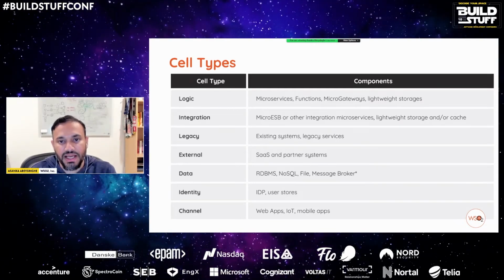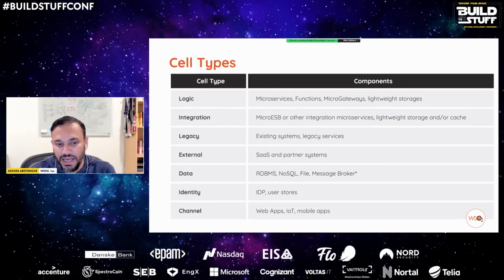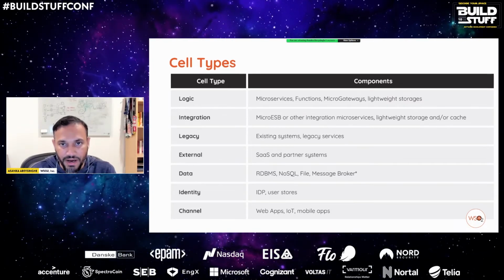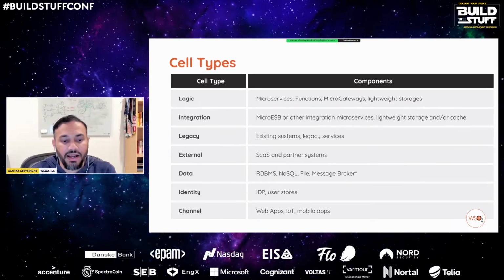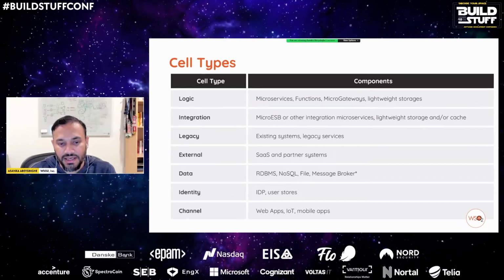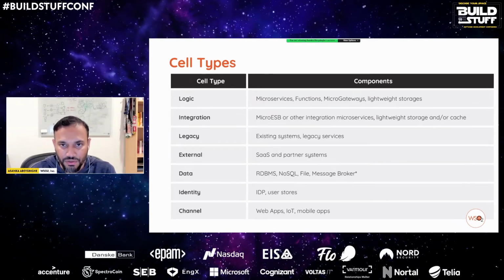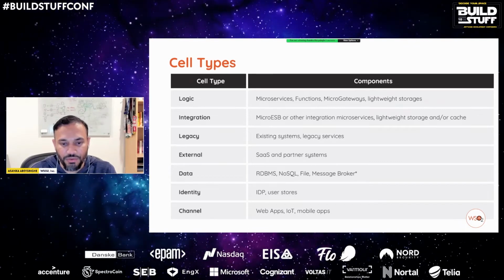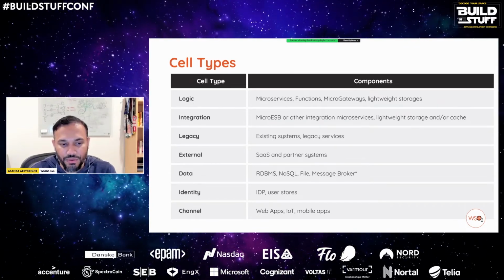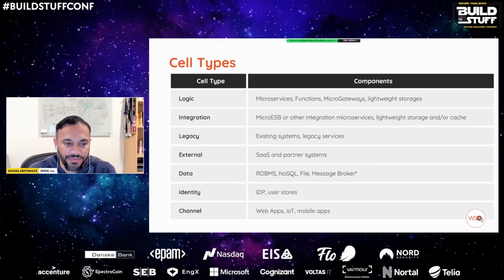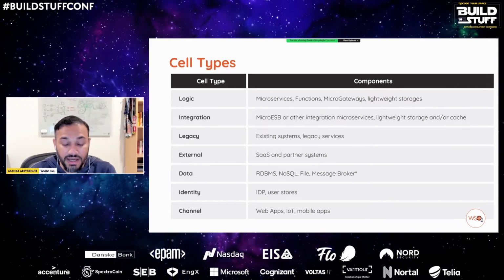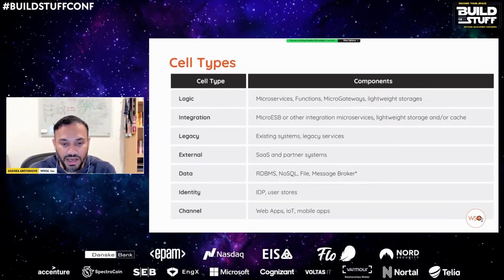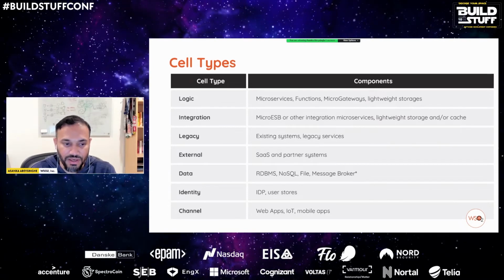They might be utilizing the functionality, so it can be a SaaS application or a partner system. And there can be data cells like relational databases, NoSQL storages, file-based storage systems, and message brokers. All these things will go inside the data cells. And then identity cells: IDPs and user stores can go as components into identity cells.